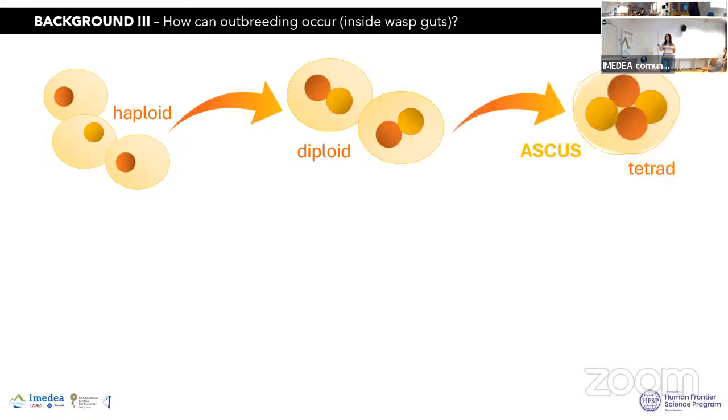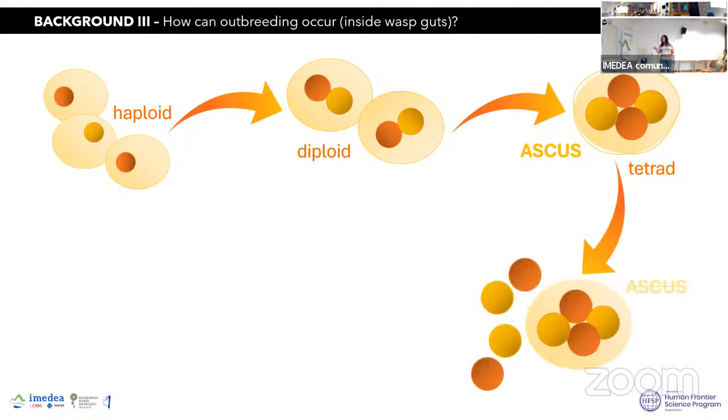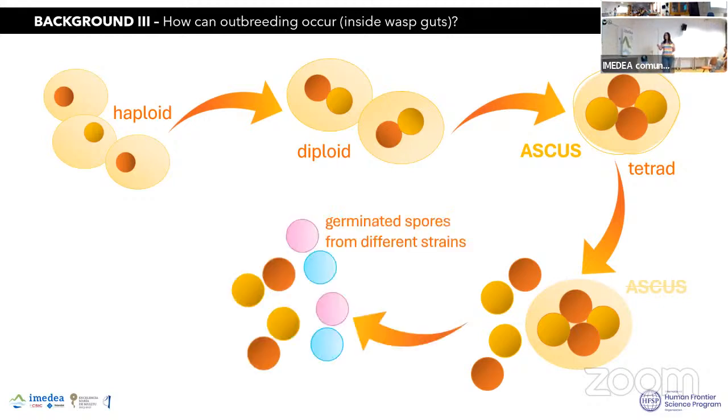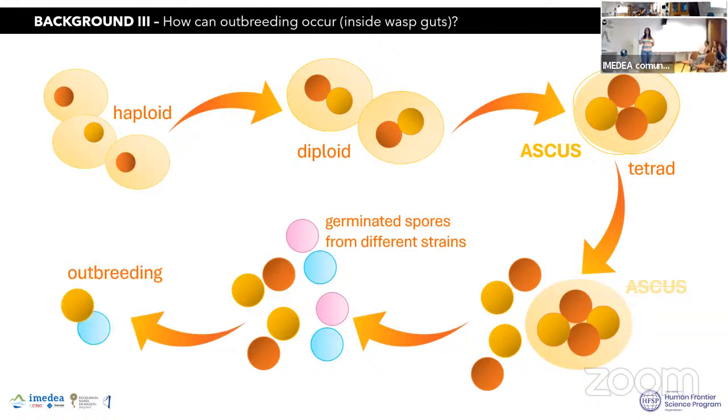Then they have to sporulate and get into the ascus, okay? Then this ascus has to be broken, okay? And then the cells that have sporulated need to go outside. And then these germinated spores, which are coming maybe from different strains, from different asci, could then do the outbreeding, okay?